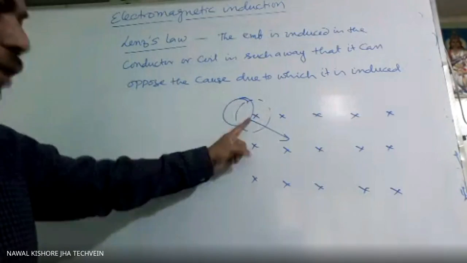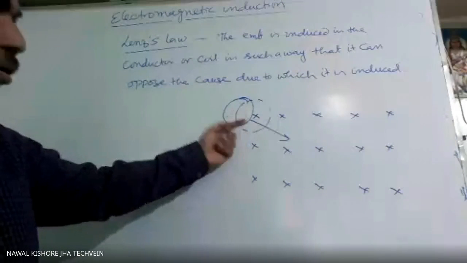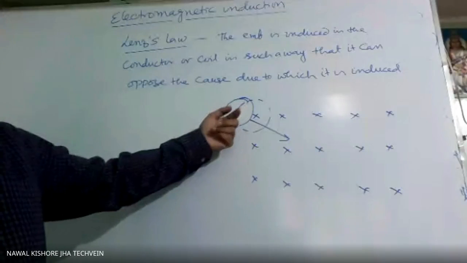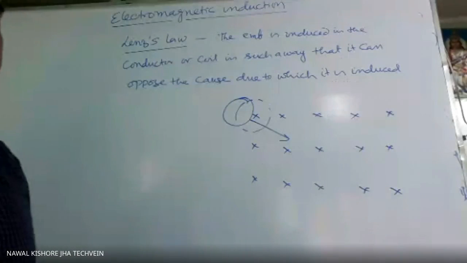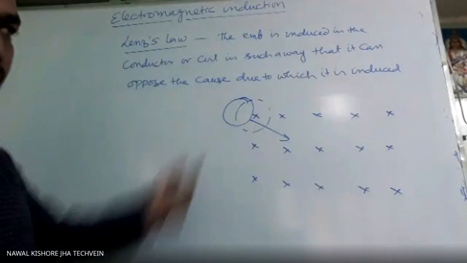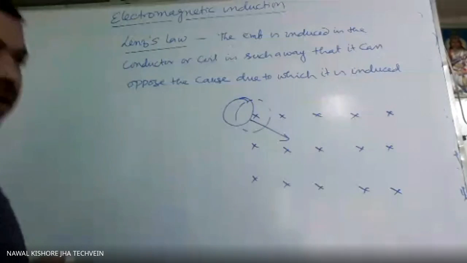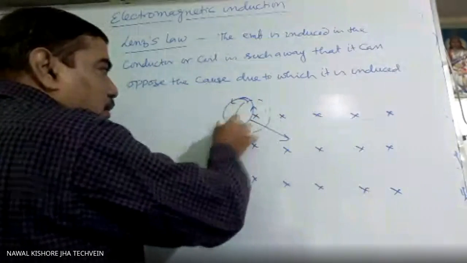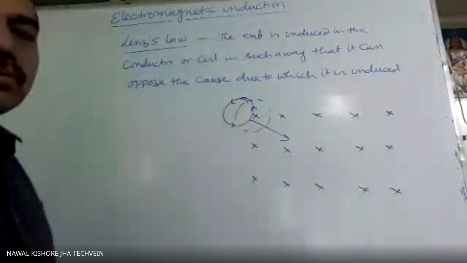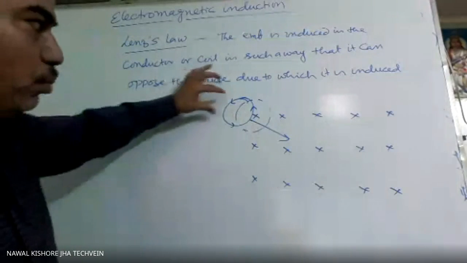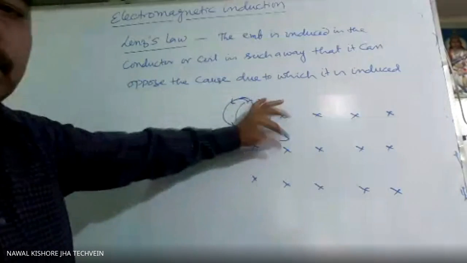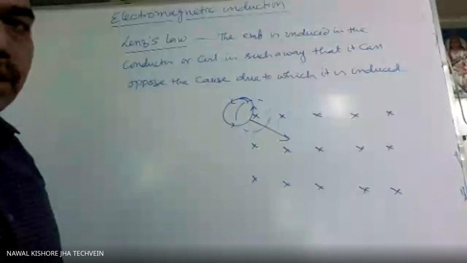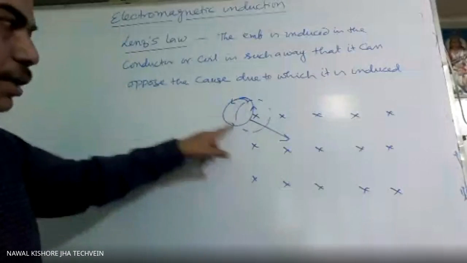To decrease the magnetic field, the induced magnetic field must be outward. And for outward magnetic field, what will be the direction of current? Anticlockwise. So when the loop starts moving into this magnetic field, the current will be anticlockwise.